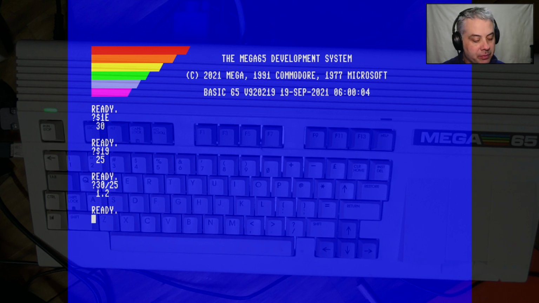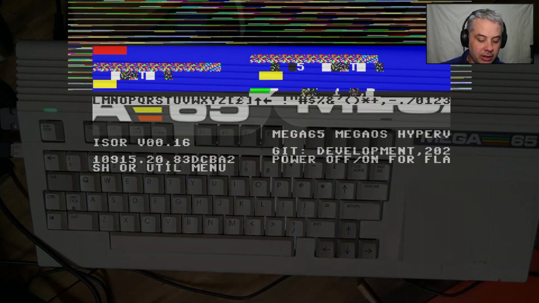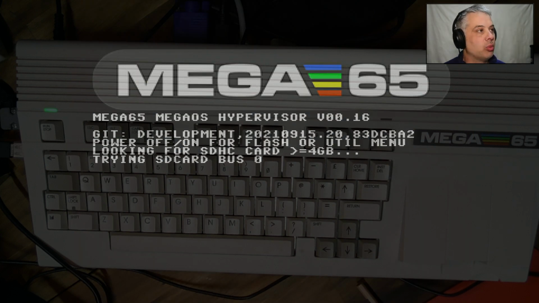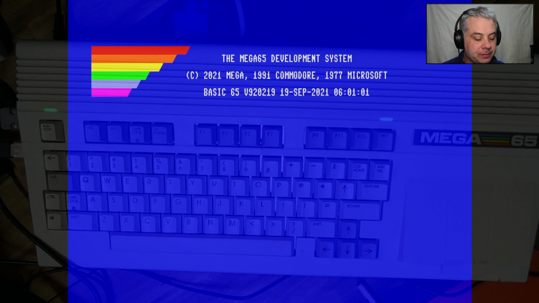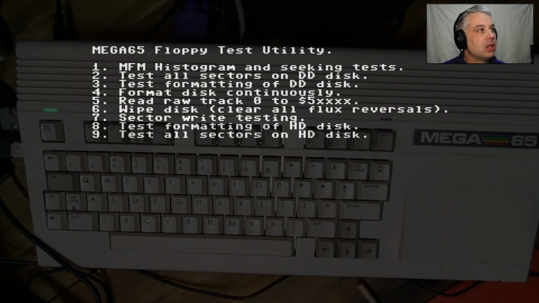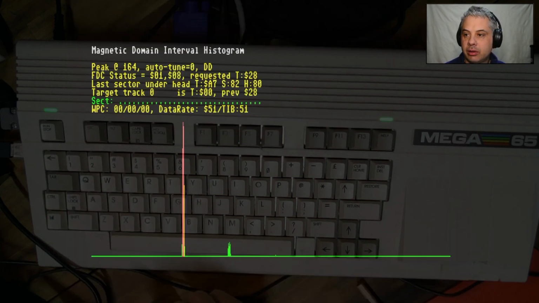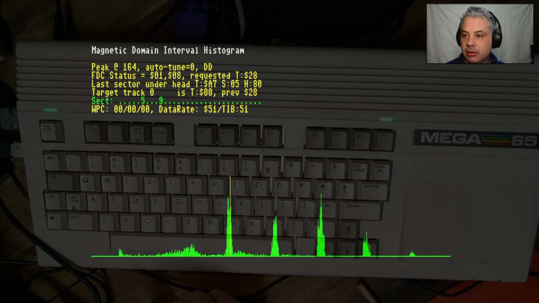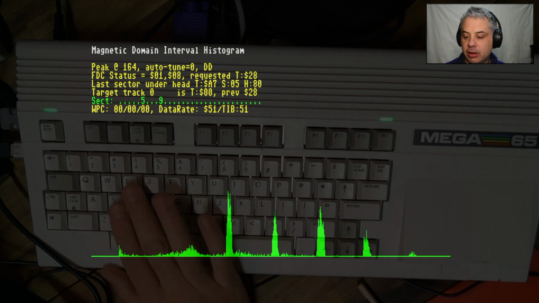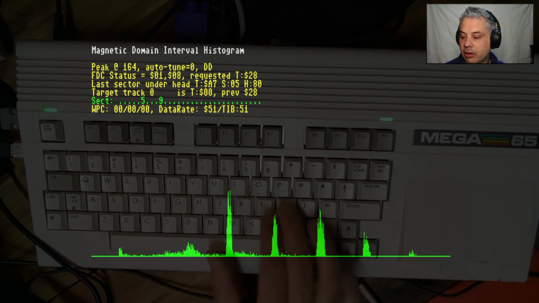So I think I will try to capture one of these tracks and see what we've got stuffed up. So if we do that, okay, we're in RLL encoding.